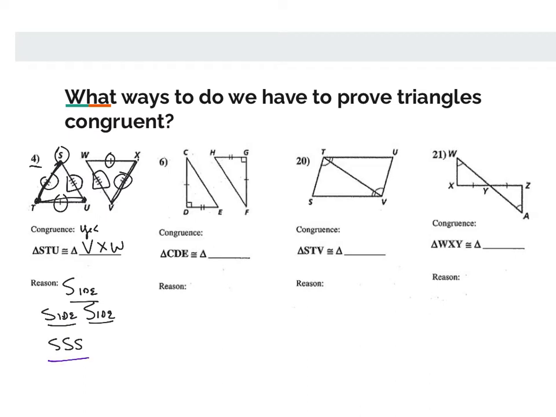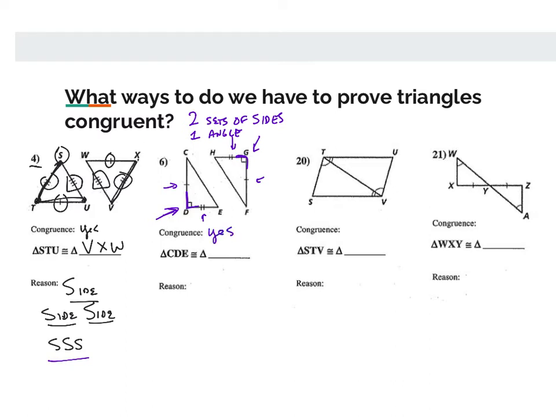Number 6 here, and you can ignore the numbers, these are just examples. I've got this side and this side congruent, and this side and this side congruent. So I've got two sets of sides and one angle, and that angle is in between the two sides. That angle is what we call included.